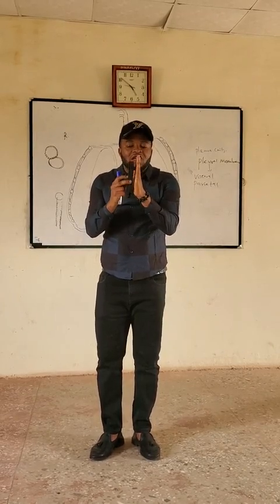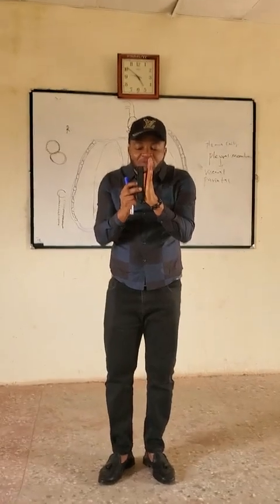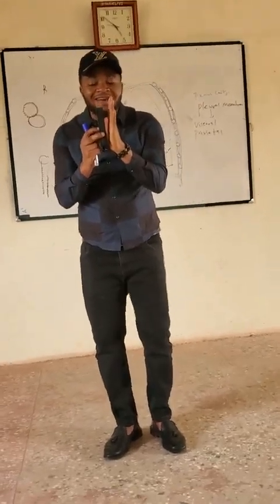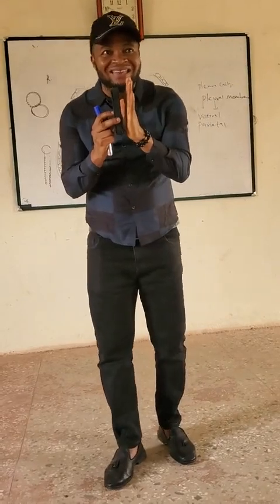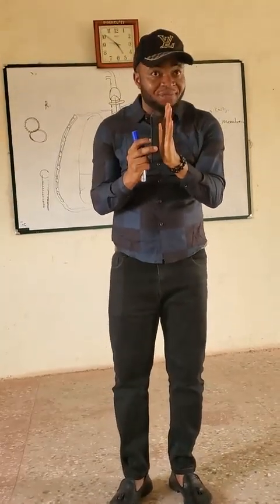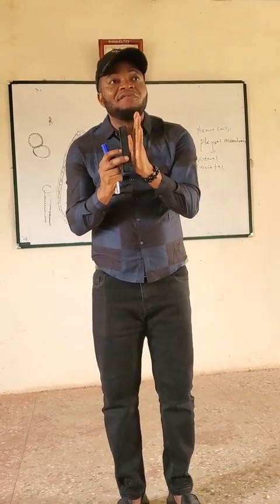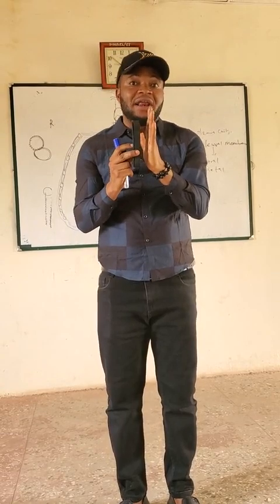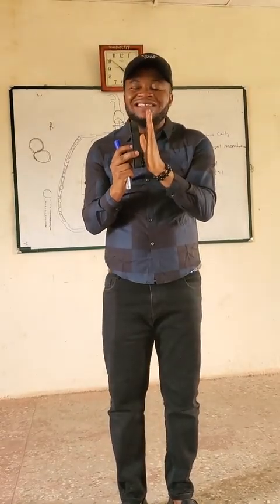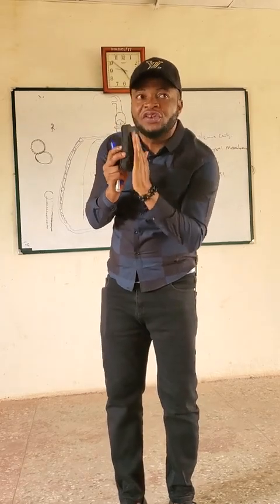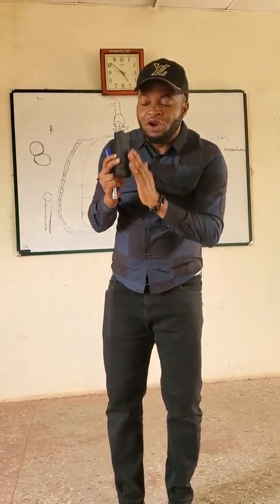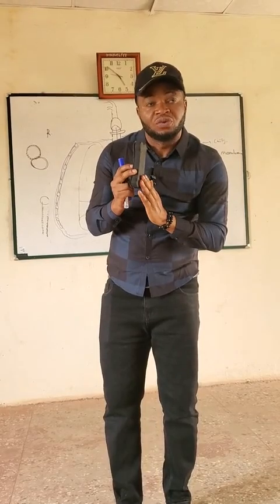So now, in this pleural cavity, which is this space in between these two, there is a membrane, which we call the pleural membrane. This pleural membrane is of two types: the visceral and the parietal. The visceral membrane covers the surface of the lung, that means the lobe section of the lungs.